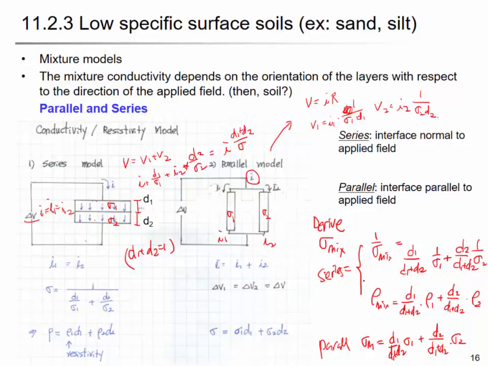From that you can derive this equation. And here you have the same voltages applied to material 1 and 2, but the currents are split, so the summation of I1 plus I2 is the total I. So from that you can derive this final equation here. So this one and this one.